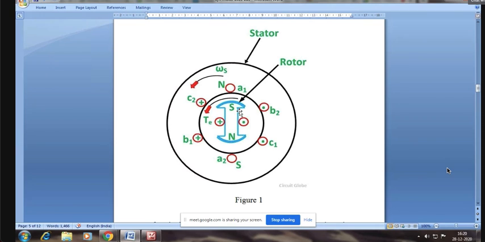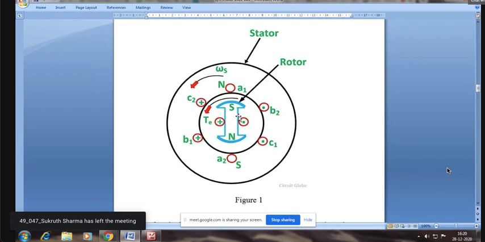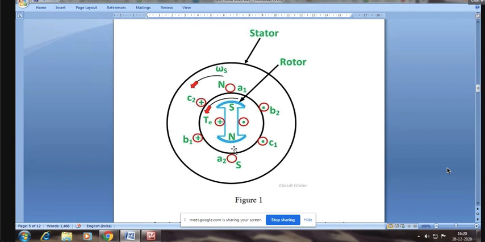Now, for the purpose of understanding, we have taken a two-pole machine. That means the rotor has two poles, south and north as shown. And please note, this position is fixed because right now, initially, the rotor is not rotating. Are you understanding this point? Yes, sir.